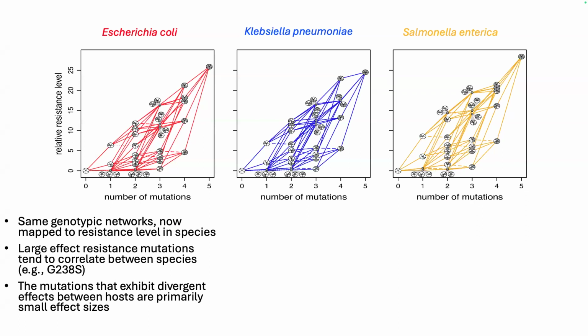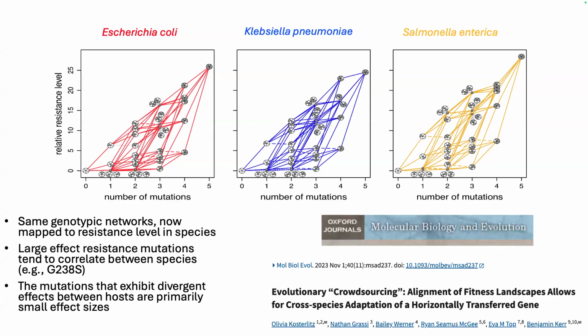In our evolutionary simulations, again, we found that the outcome of resistance evolution was similar when the mobile gene evolved in one host species, or if it underwent transient evolution in another species before returning to the initial host. We called this phenomenon evolutionary crowdsourcing, wherein we predict that plasmids can acquire correlated adaptive evolution across host backgrounds.